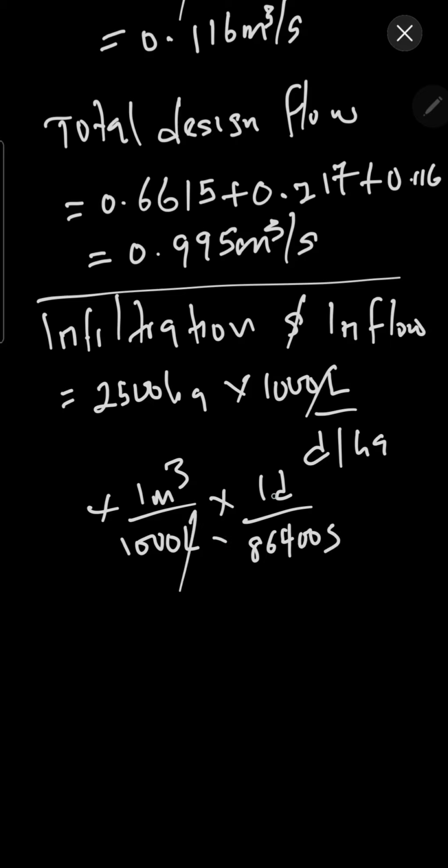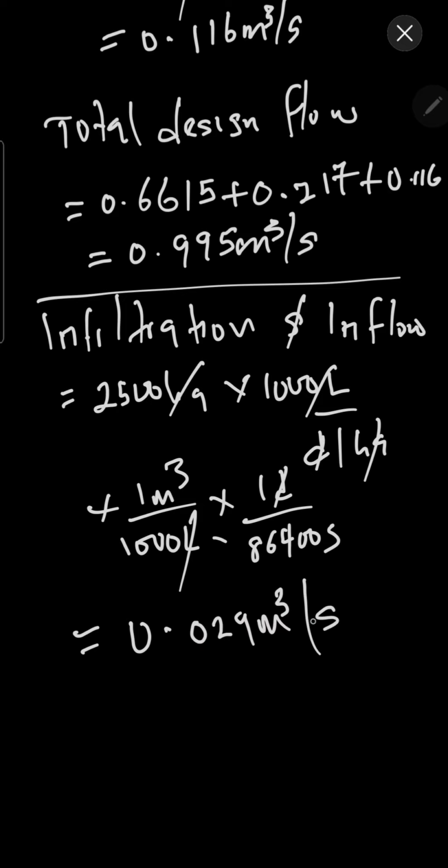This cancels this, this cancels this. 2,500 times 1,000 divided by 1,000 divided by 86,400 is going to give us 0.029 cubic meters per second.